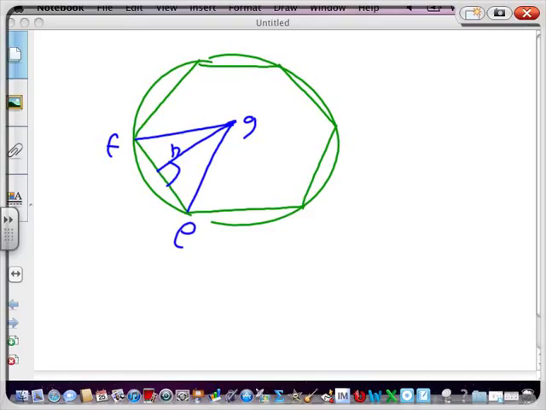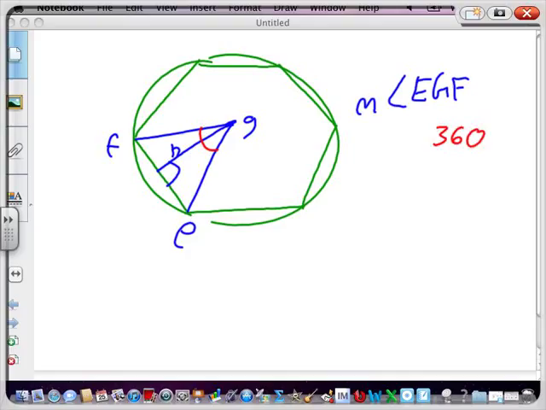We're going to find angle measures of this that can be really important. The first one we're going to find is the measure of angle EGF, this central angle right here. A circle has how many degrees? 360.